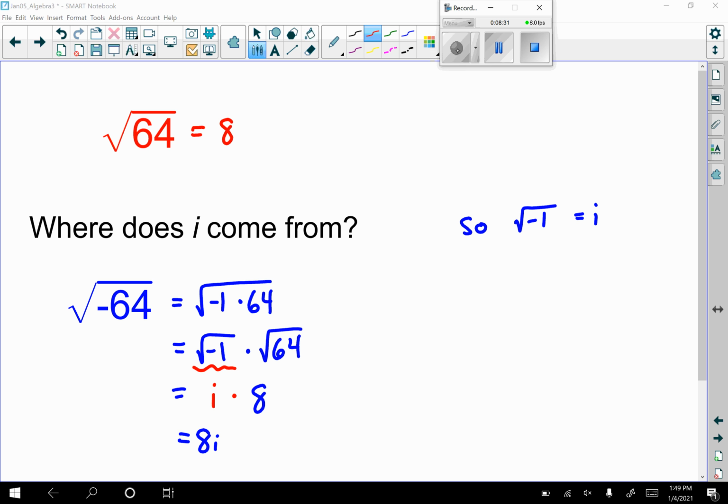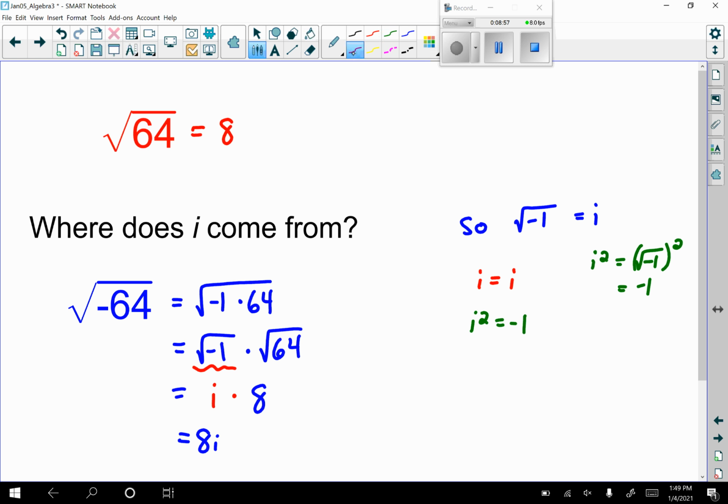What this allowed them to do is come up with different powers of i. So we know the square root of negative 1 is i. But if you remember from last year, let's see what i squared is. If i is equal to the square root of negative 1, i squared becomes the square root of negative 1 squared. Square root and square cancel, so that's just negative 1. So i squared is negative 1.